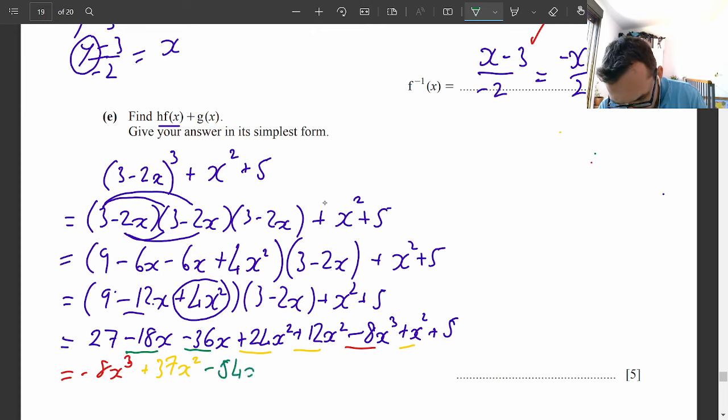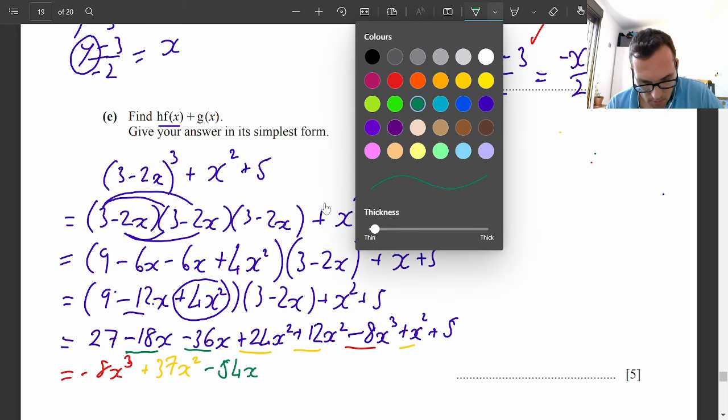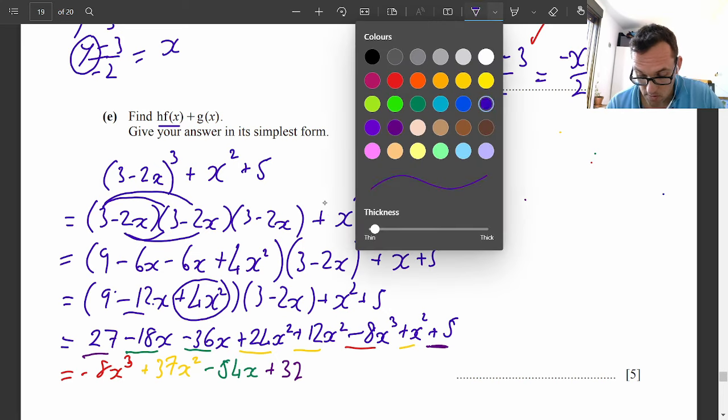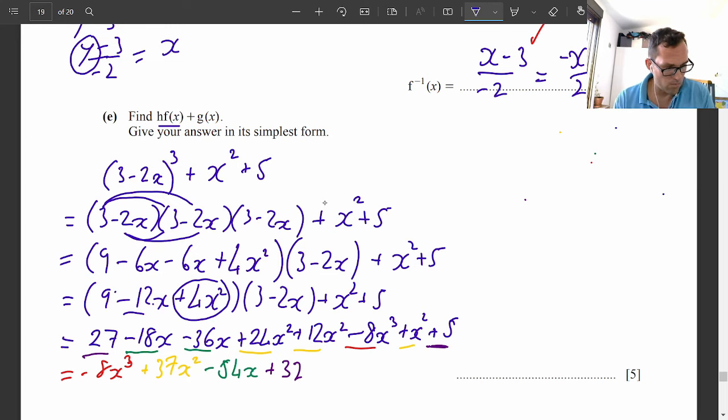Okay. And don't forget about this 5. It's been waiting all day. And this 27 that we can add together. That is 33. Okay. No. You see what happens when you get tired. It's 32. You get all the difficult things right, and you get the easy ones wrong. Right, whichever way you want to write this.